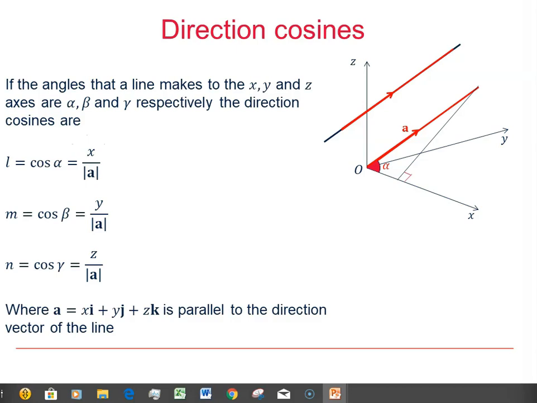So here we have the three direction cosines: L, cos alpha, equal to x over mod A; M, cos beta, which is y over mod A; and N, which is cos gamma, is z over mod A.